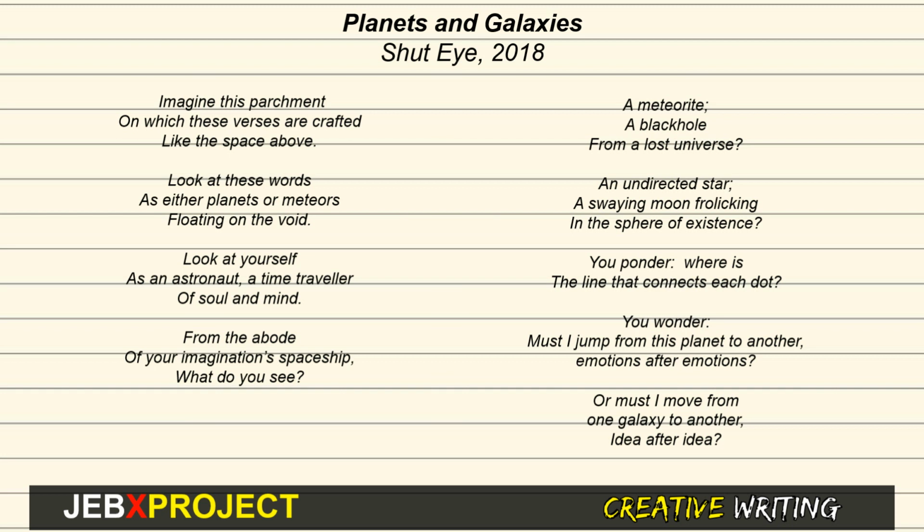First, on our first stanza, the things being compared there are parchment and the space above. Imagine this parchment on which these verses are crafted like the space above. When we say parchment, these are some writing materials, but in the contemporary world, they are called bond paper, yellow pad, or any forms of paper.